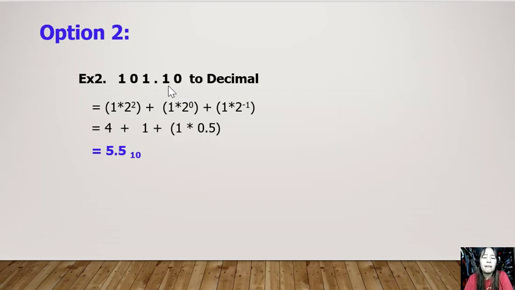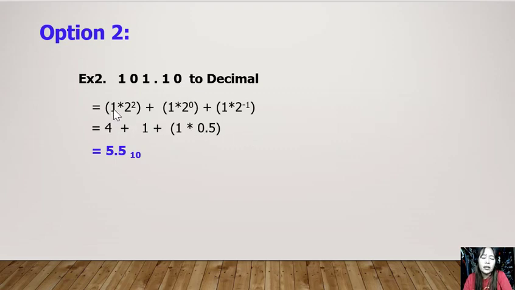So since the first digit 1 here is at position -1, starting from the decimal point, that's 1 times 2 to the power of -1, which is 0.5. The next digit here is 0. That would have been 0 times 2 to the power of -2. But again, any number that's multiplied by 0 is always 0, so we don't add that up anymore.